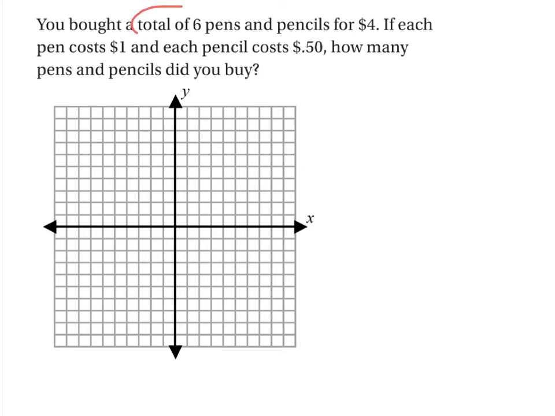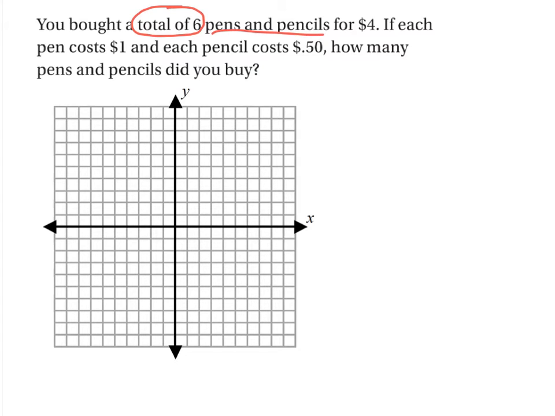You bought a total of 6 pens and pencils. Right? You got to be careful on the language on that one. For $4. If each pen costs $1 and each pencil costs 50 cents, how many pens and pencils did you buy? We need to write a system of equations.